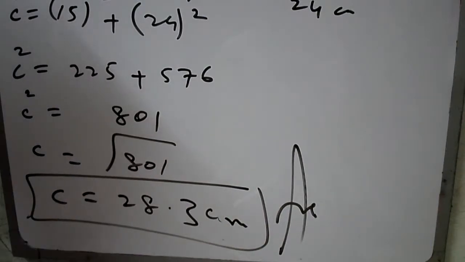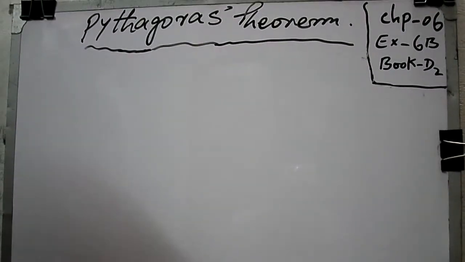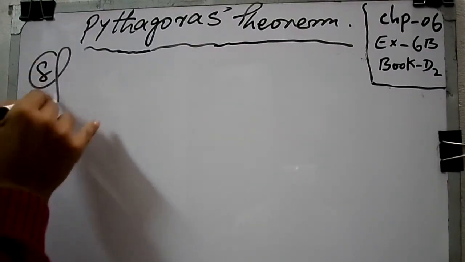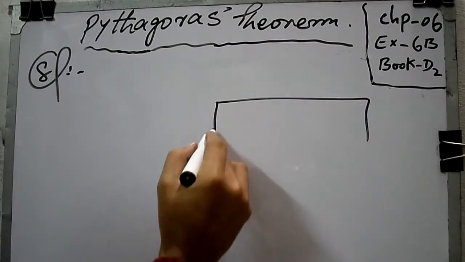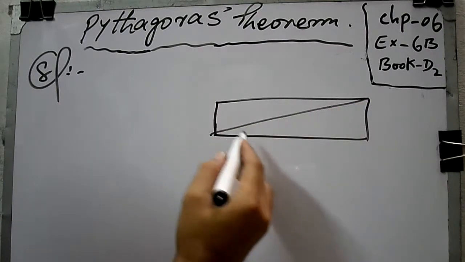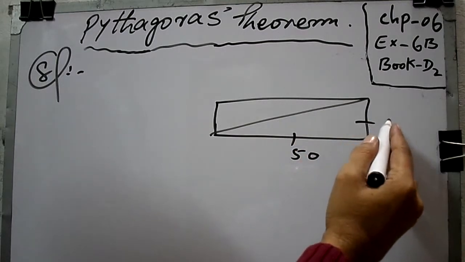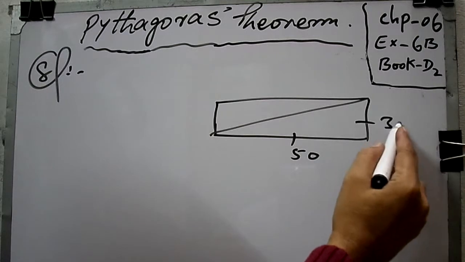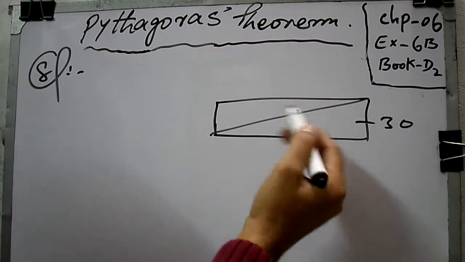Now coming to question number 8. The sides of a rectangular swimming pool. Once again, the same rectangle you can draw here. The length is 50 and the width is 30. Once again, you have to find this, by using Pythagoras theorem.